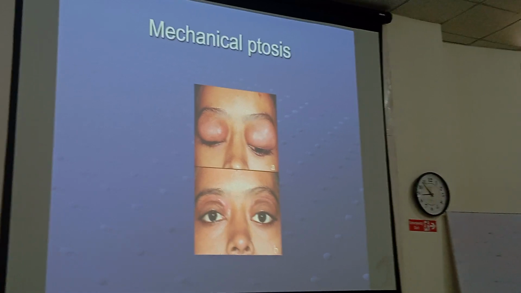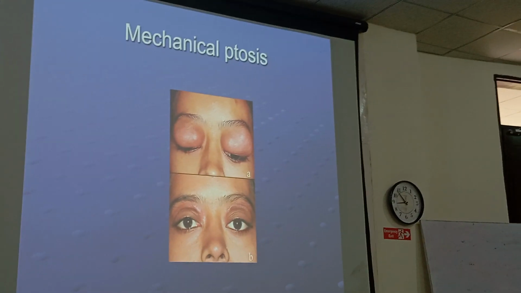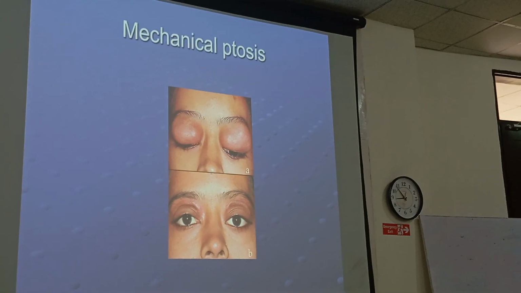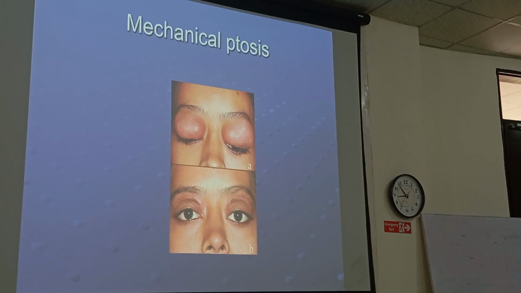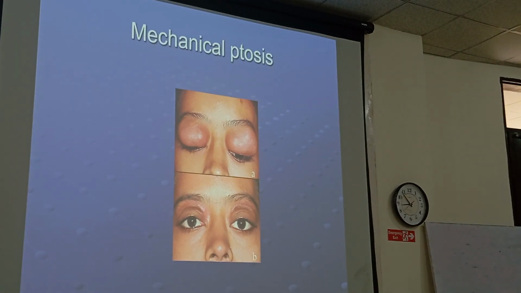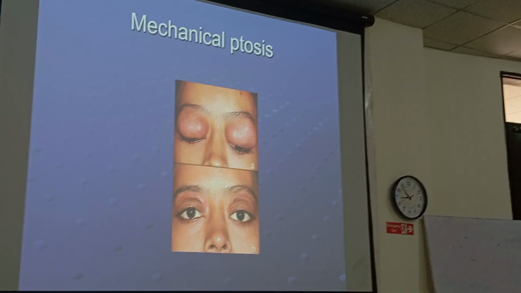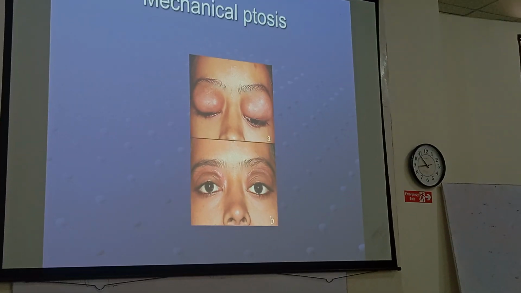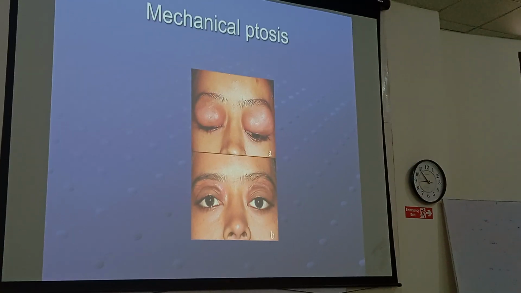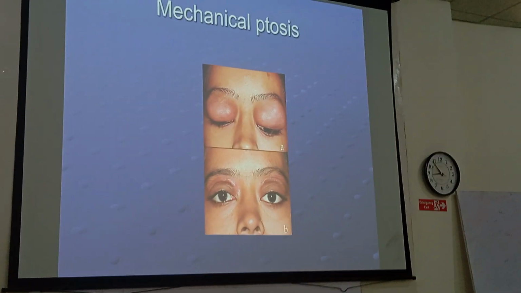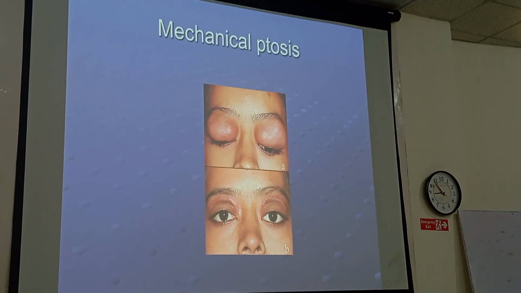There can be other mechanical causes like any tumor, like squamous cell carcinoma of the upper eyelid, Schweitzer gland, which is the most common tumor in the upper eyelid, basal cell carcinoma, or any other mechanical lesion like hemangiomas, cavernous hemangioma, or these sort of things.